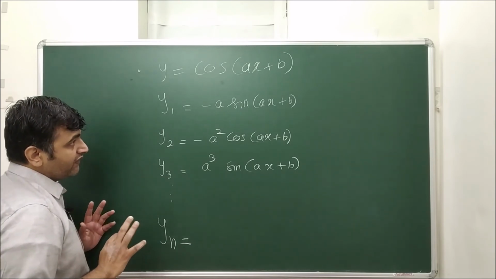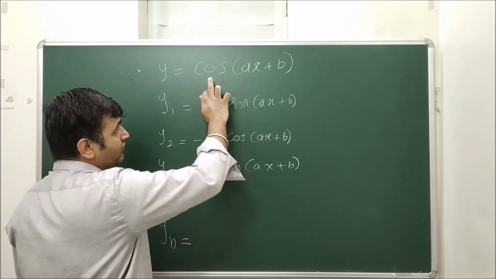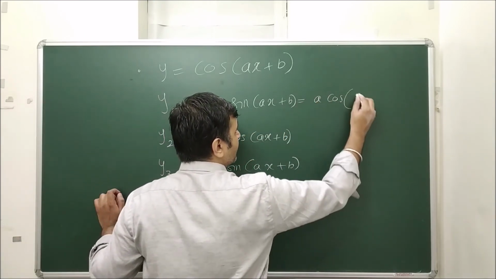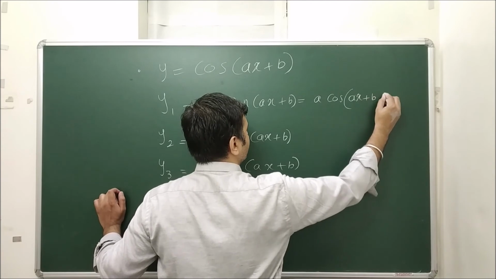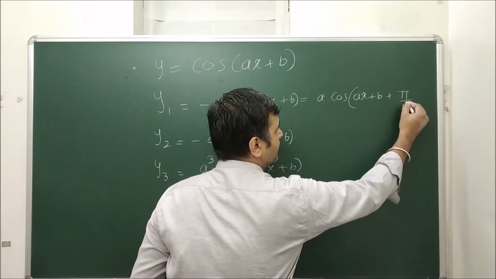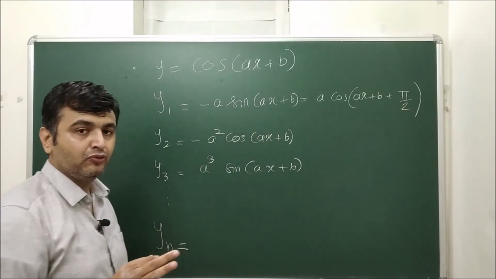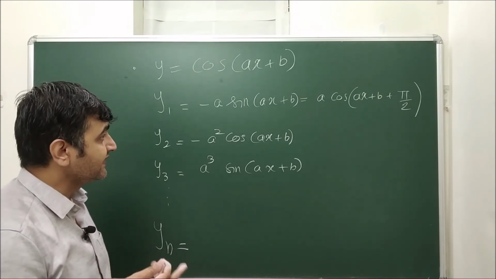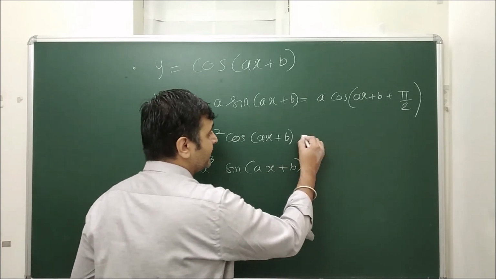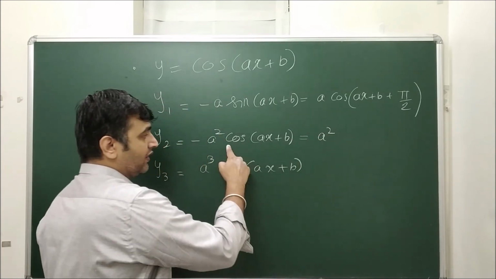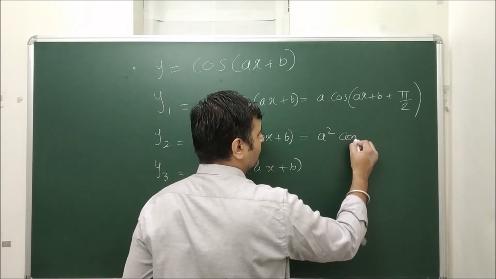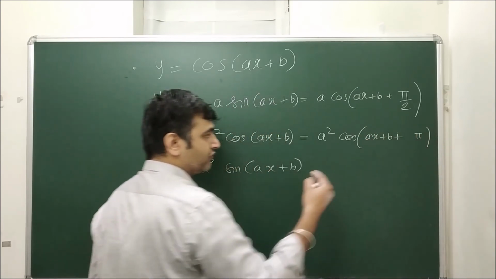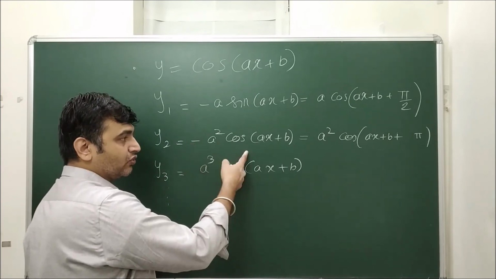Okay, but now if you do some nice observation, I can write the first derivative as a cos of ax plus b plus pi by 2, because cos of pi by 2 plus theta is minus sin theta. Similarly here I can write a square, and again I can write this as cos of ax plus b plus pi, because cos of pi plus theta is minus cos theta.